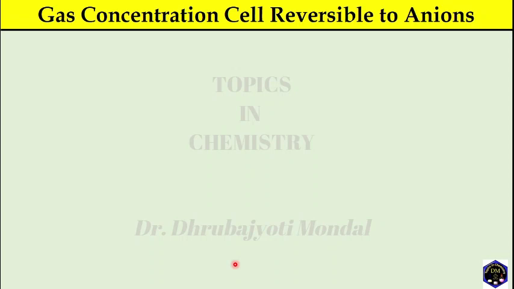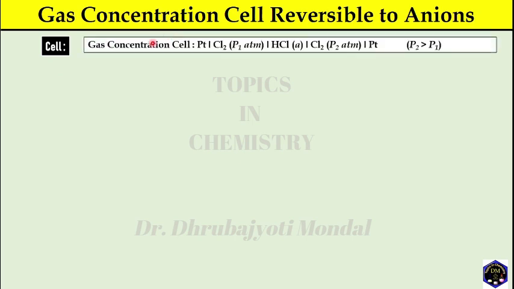Now next slide you can see gas concentration cell reversible to anions. Now you have to consider the concentration cell reversible to anions. This time it is not cation. So here the cell notation. Again this is a gas concentration cell because you are using the gas.